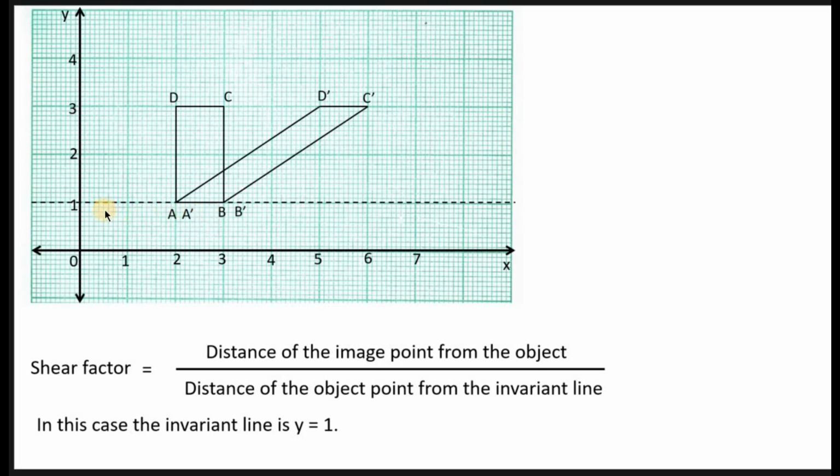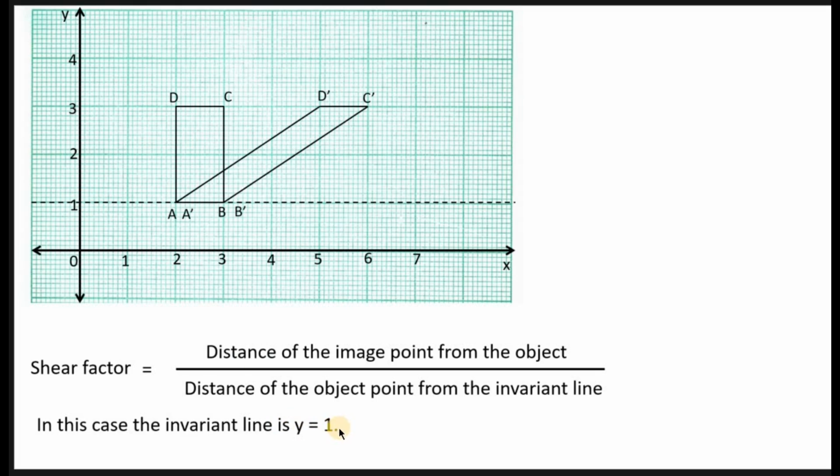The invariant line is the line upon which the fixed points of an object remain when an object undergoes shear. So A and B remain on this line while these move. That line upon which they remain fixed is what we call the invariant line. This line crosses the y-axis at 1, and so we call y is equal to 1 the invariant line.